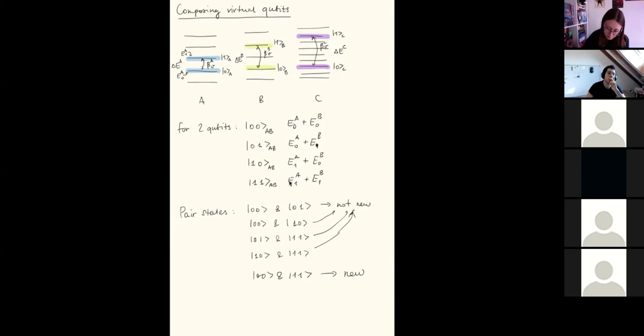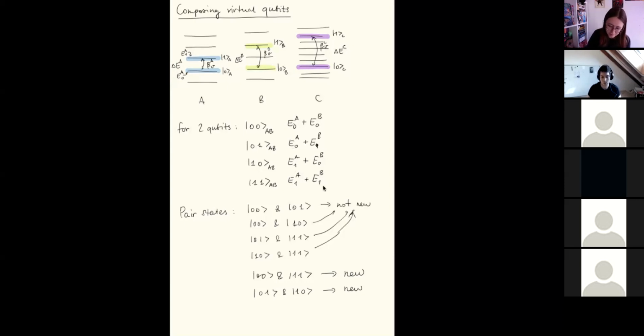And the second pair of states which would form a new virtual qubit would be the 0, 1 and 1, 0. So also new. This would be a virtual qubit with the energy difference delta EB minus delta EA, because you would just need to subtract E0A plus E1B from E1A plus E0B.